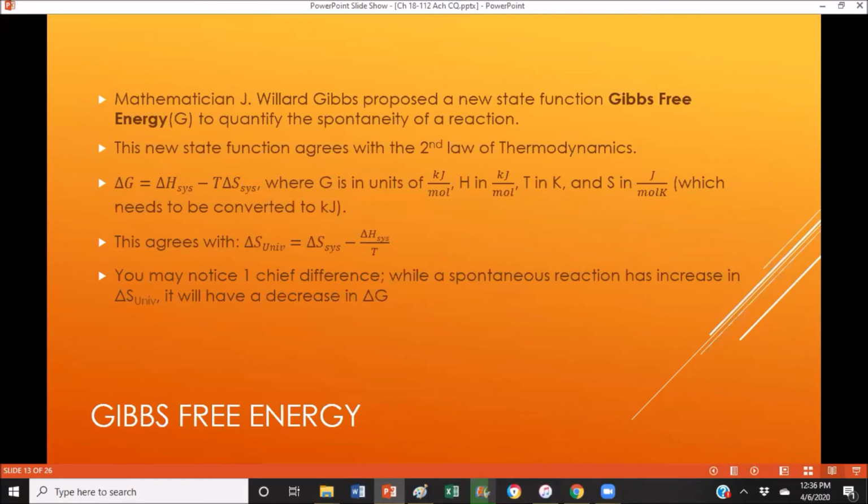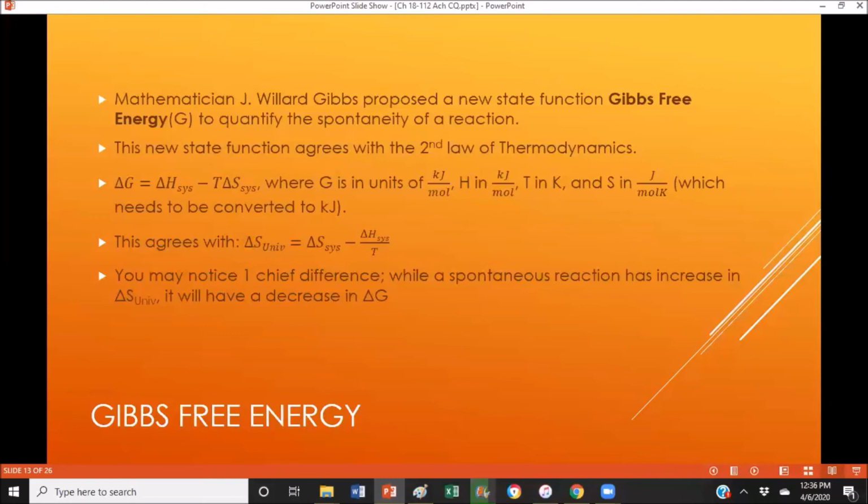And so he created a new concept, the Gibbs Free Energy, capital G. This will still agree with our second law of thermodynamics, that for a spontaneous system, we're going to have an increase in entropy of the universe. But the equation for calculating Gibbs free energy is delta G equals delta H minus T delta S for the system. Now, what is the advantage of this over the delta S universe?